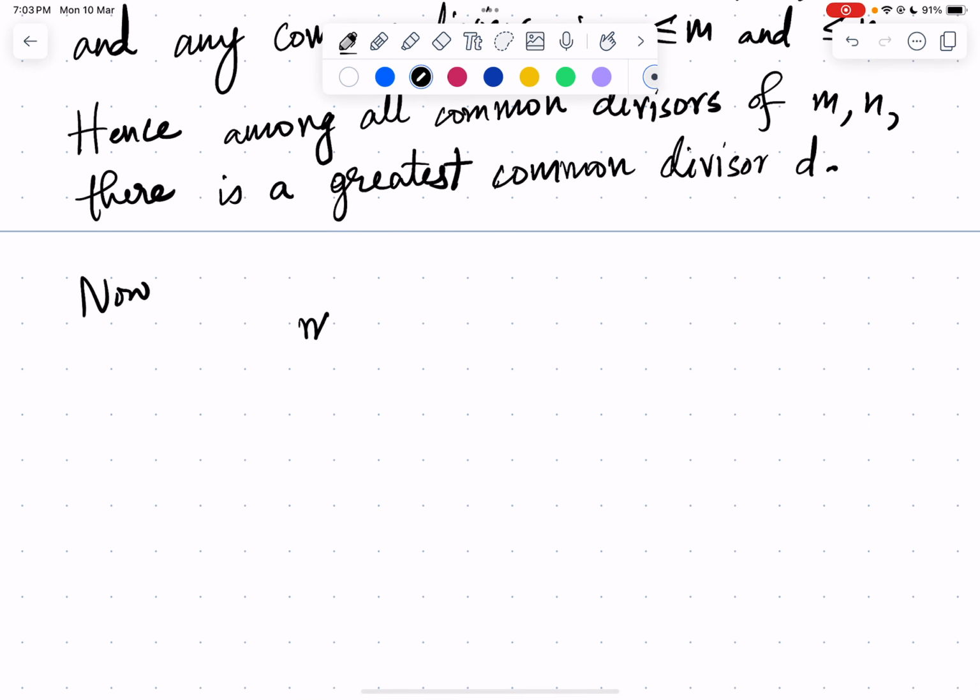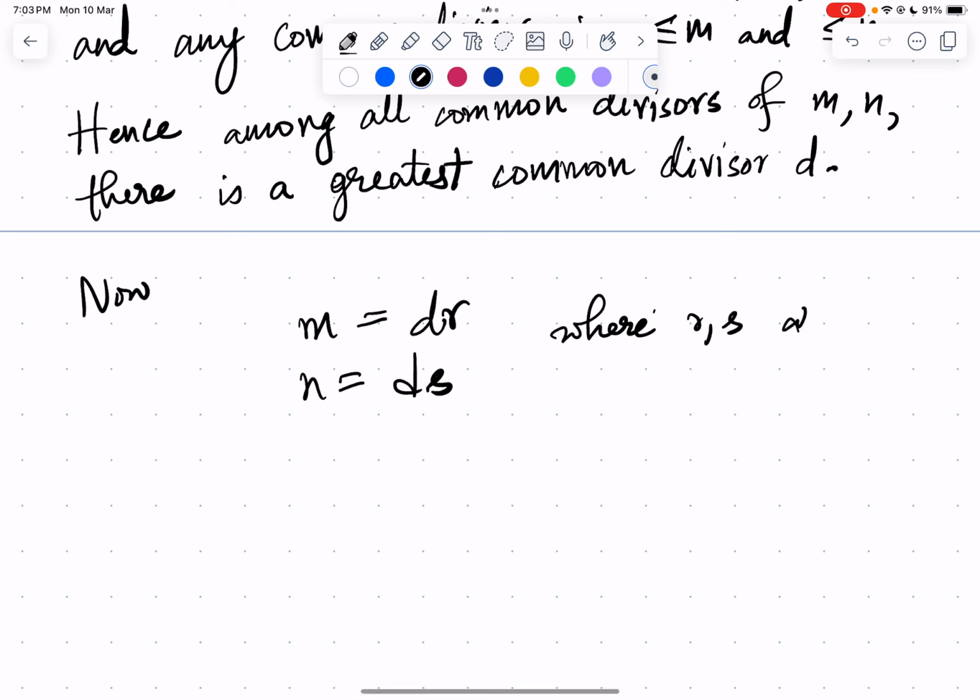Now m can be written as d times r, n can be written as d times s, where r, s are positive integers.